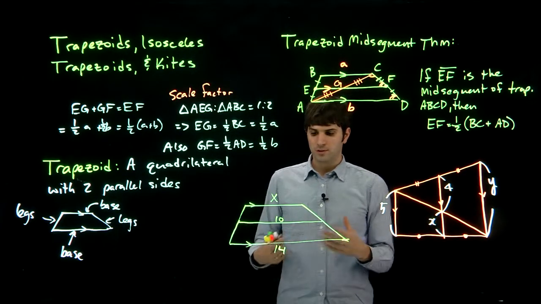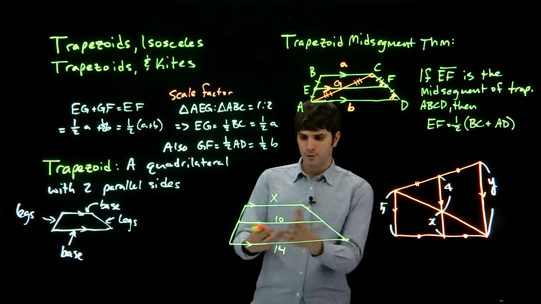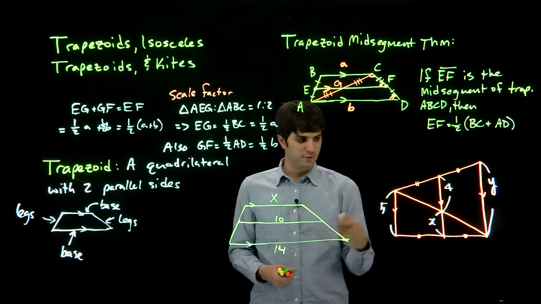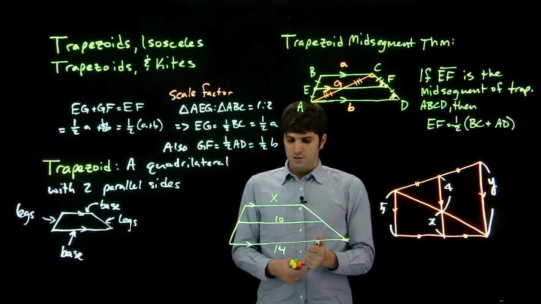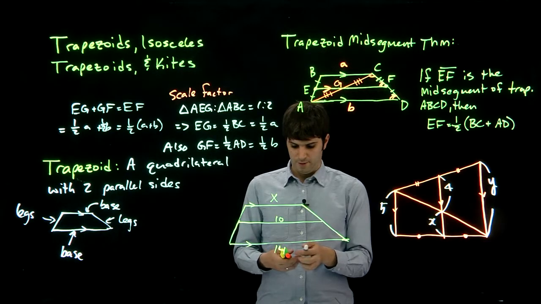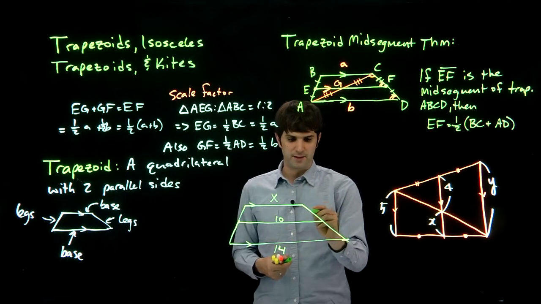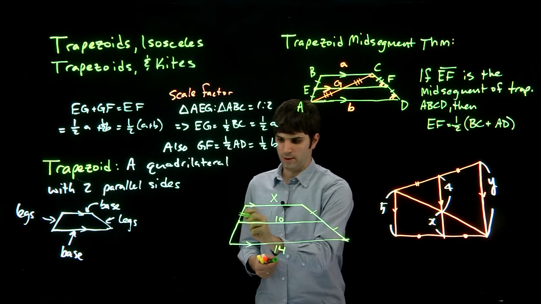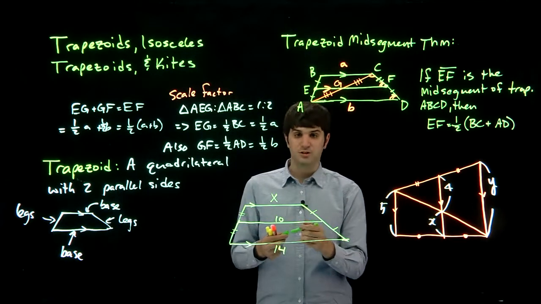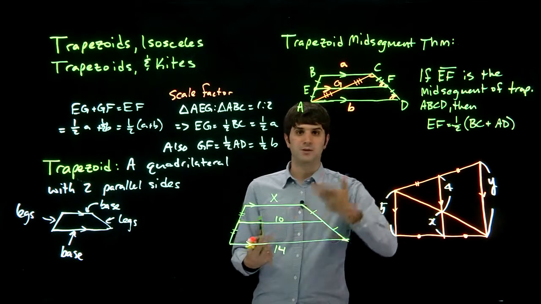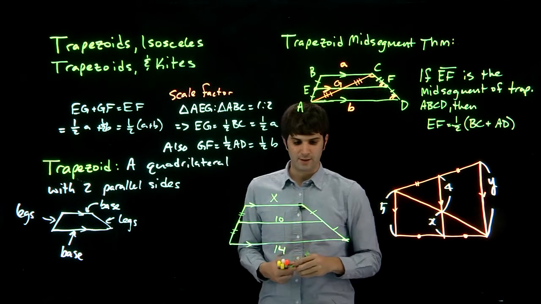Okay, so let's look at some problems. First, this green one is the easier of the two. We need some more information here. We need to know that these are midpoints, because if that's not true, then we can't use the midsegment theorem. So this is our given here.